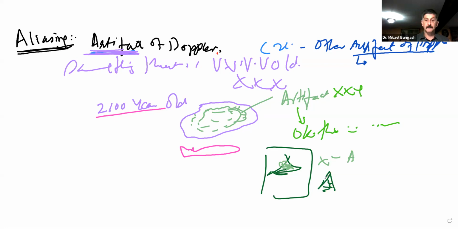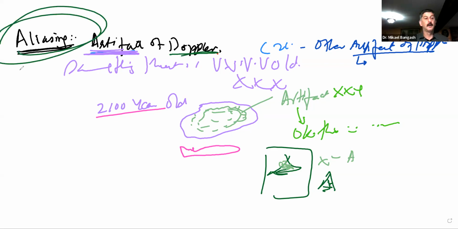Did that make sense? So one of the common artifacts of your Doppler is what we're calling aliasing.